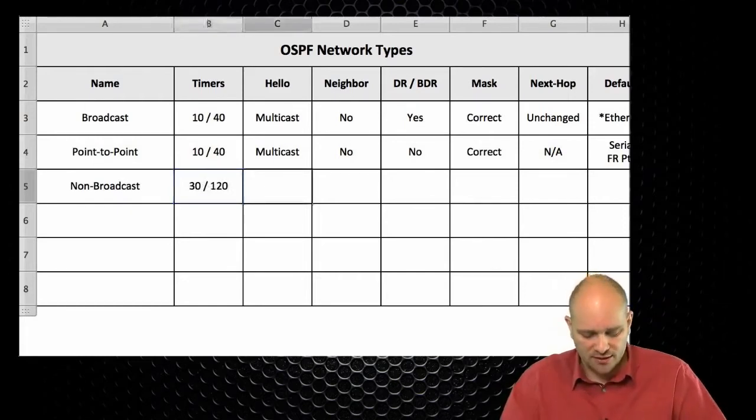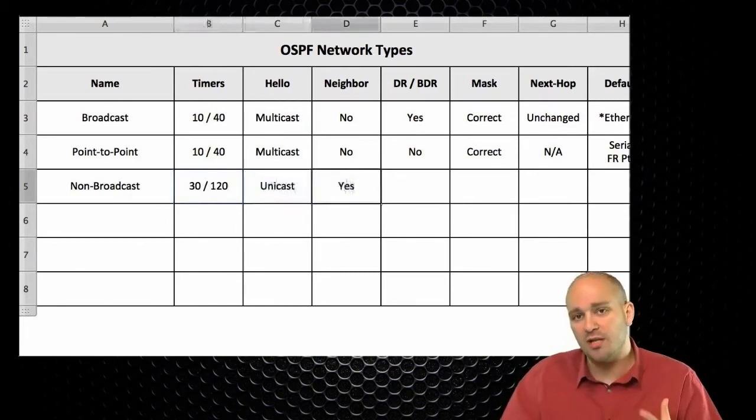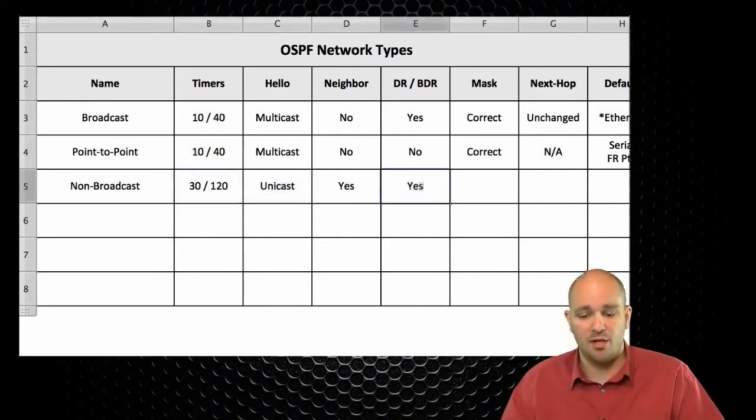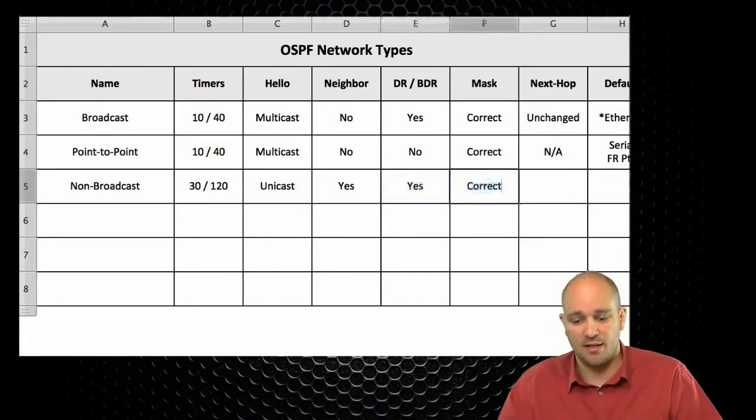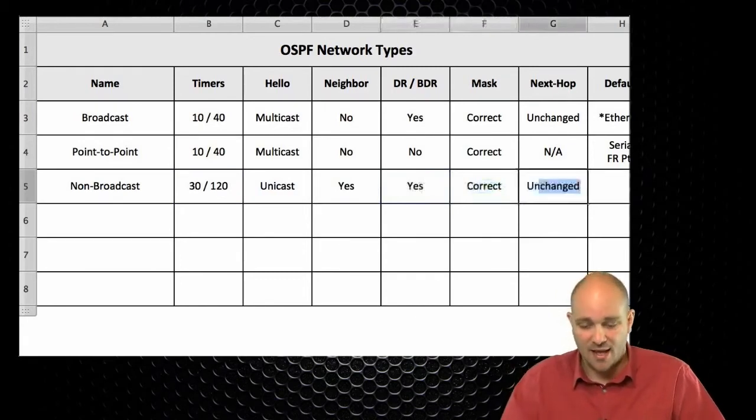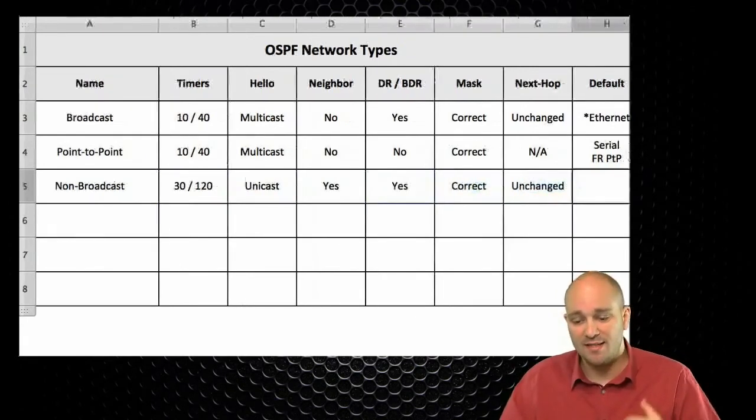The hellos that are being sent are unicast hellos, which means we need to use the neighbor statement to configure our peers. There is DR and BDR election. The mask that is being advertised is the correct mask, and the next hop behavior is the exact same as it was with the broadcast network type.